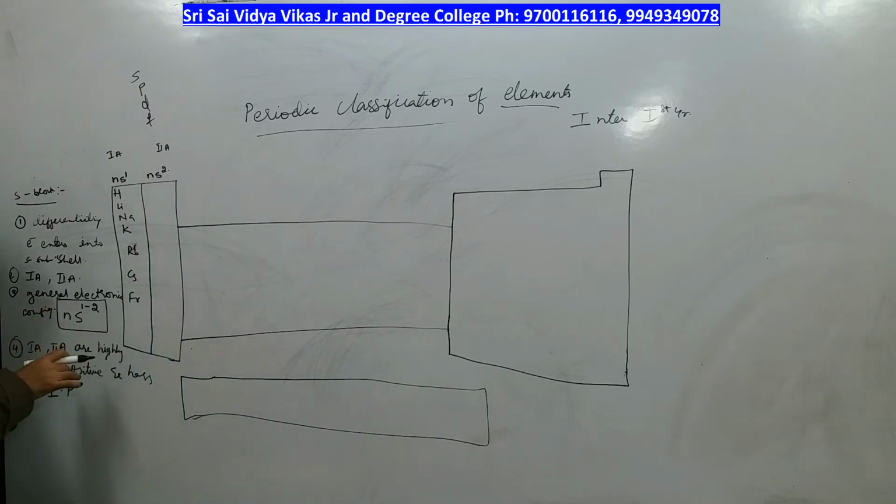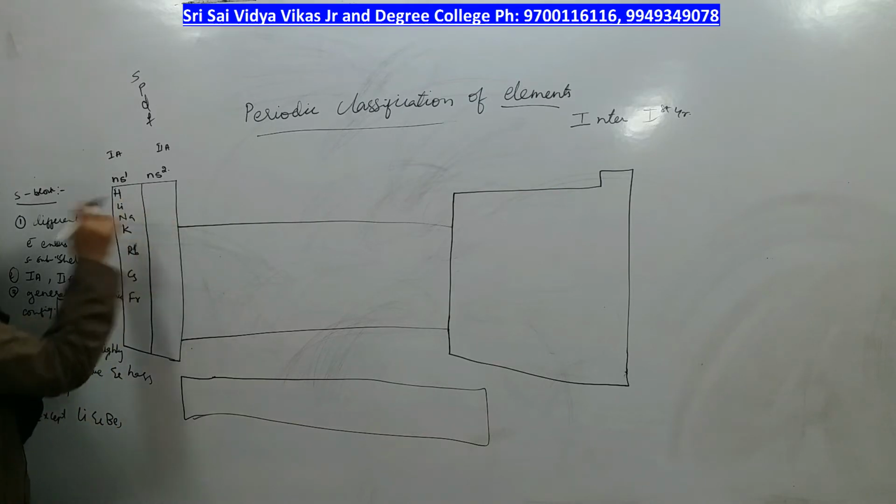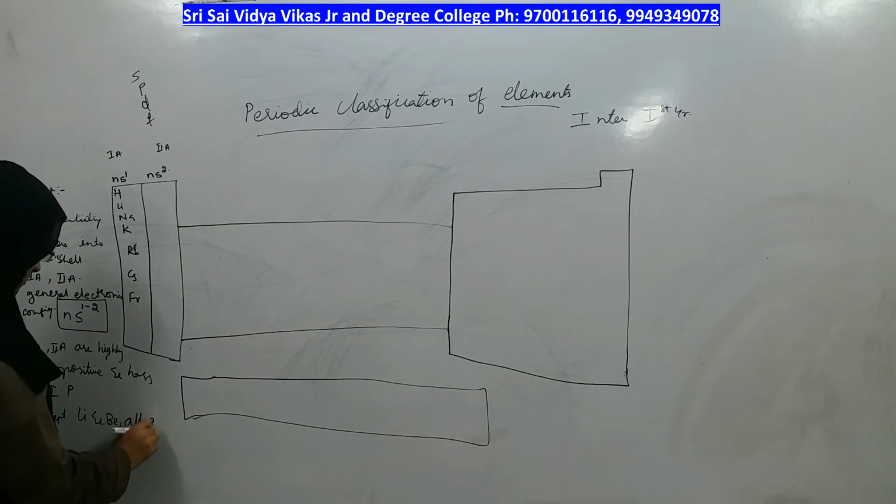If they are electropositive and if their ionization potential is less, are they having metallic nature or non-metallic nature or metalloid nature? That also we should write, right. So the next point will be this: except lithium and beryllium, all of them are metals.